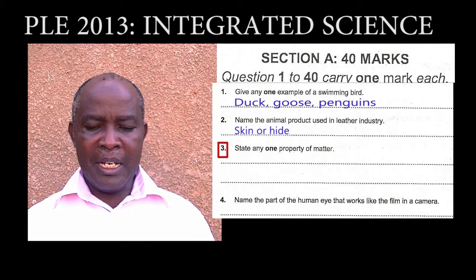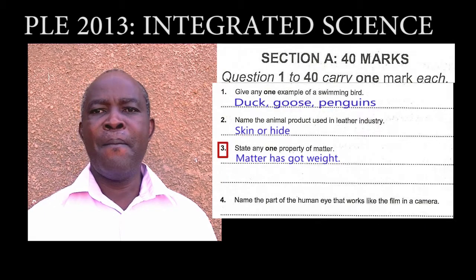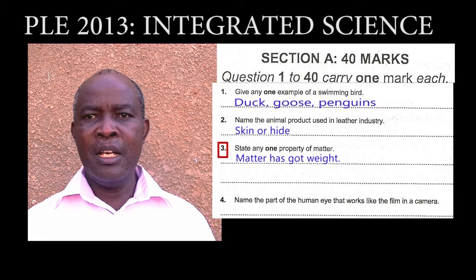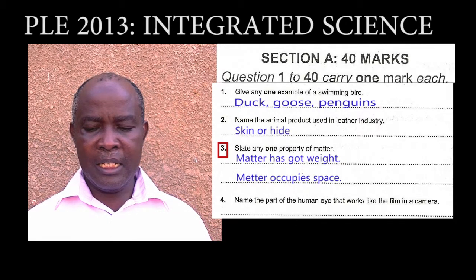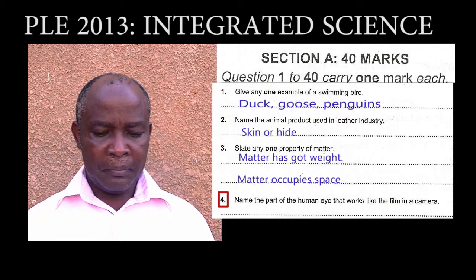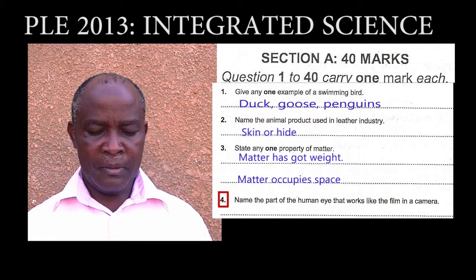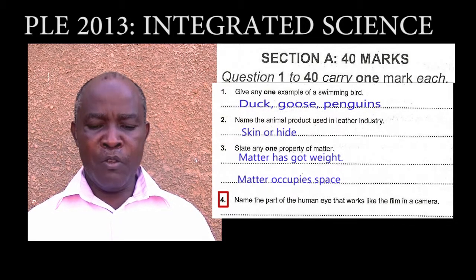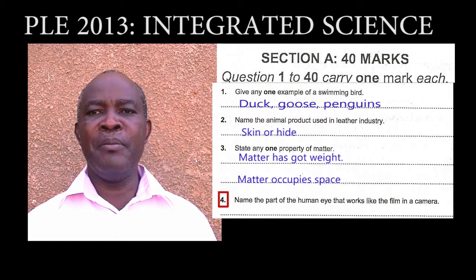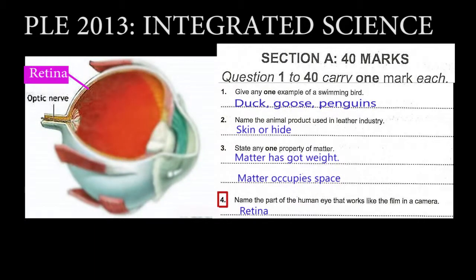Number 3. State any one property of matter. Matter has got weight. Matter occupies space. Number 4. Name the part of human eye that works like a film in a camera. That is retina.